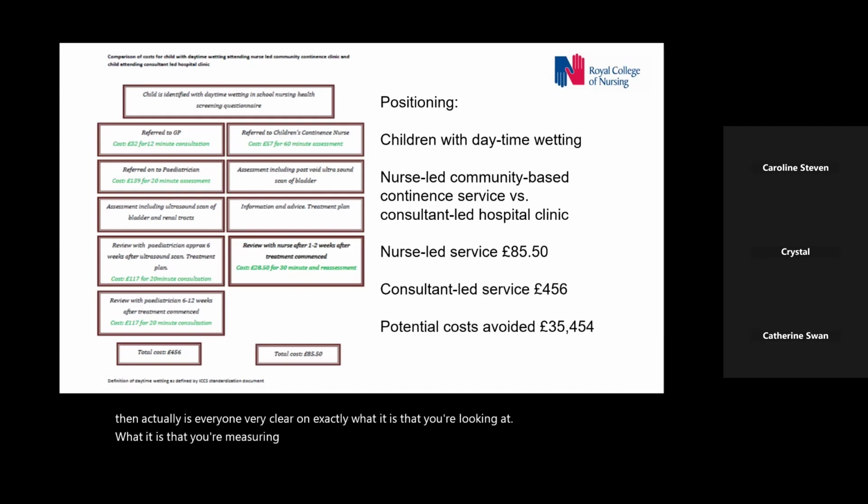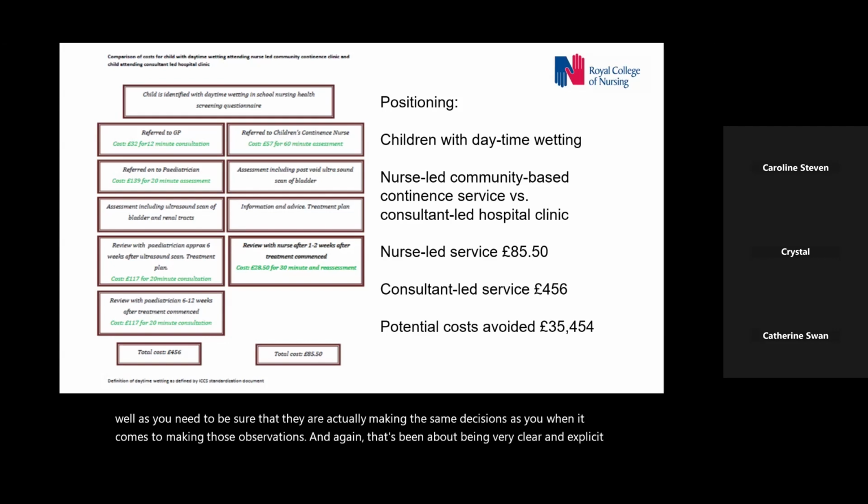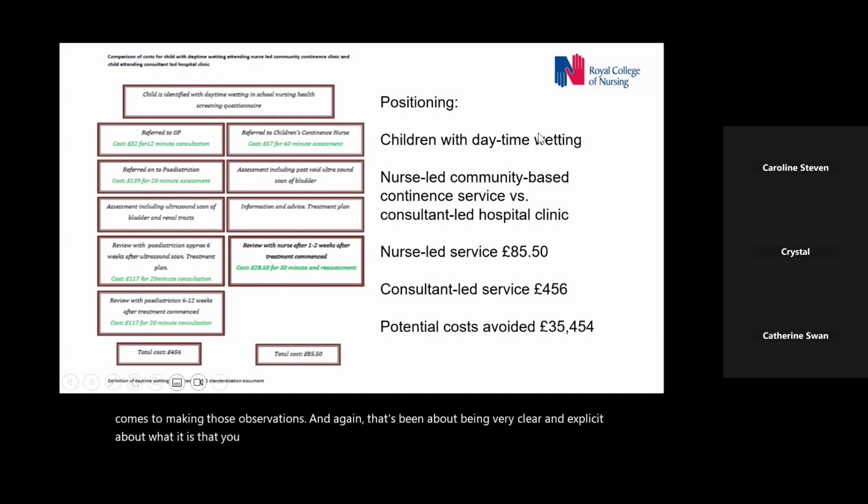If you're asking someone else to observe practice for you, you need to be sure that they are making the same decisions as you when it comes to making those observations. And again, that's about being very clear and explicit about what it is that you want individuals to look at or audit or whatever.